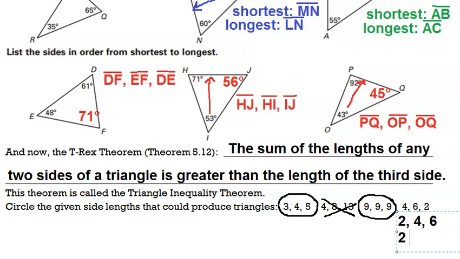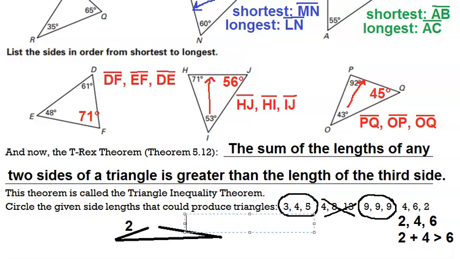And then we ask ourselves, is 2 plus 4 greater than 6? 2 plus 4 is equal to 6, but it is not greater than 6, which means if we actually tried to design a triangle using a 2, a 4, and a 6, the only way they would ever touch in the end would be if they dropped all the way down and became one straight line.